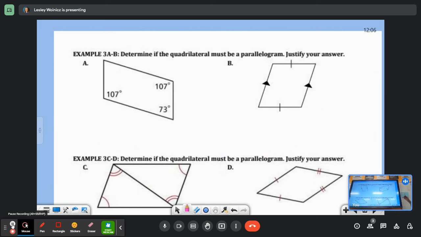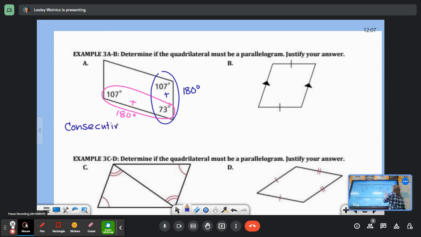All right, is this a parallelogram? Yes. Why? Because. What do these add up to? 180. Okay, these two add up to 180, and the other one's these two add up to 180. So we have consecutive angles are supplementary.